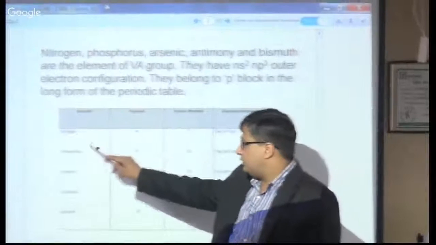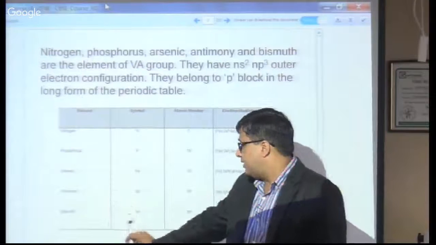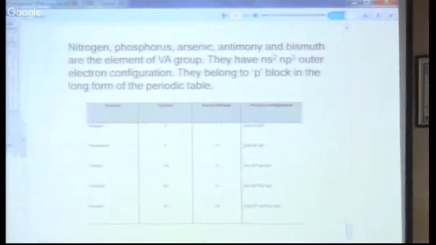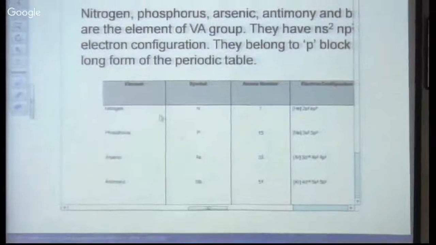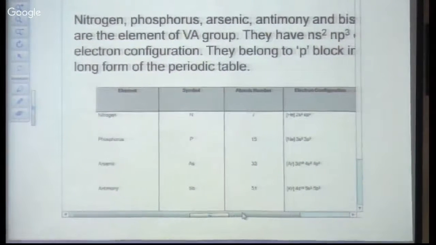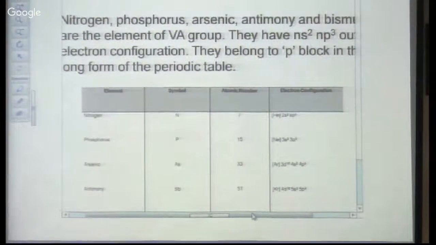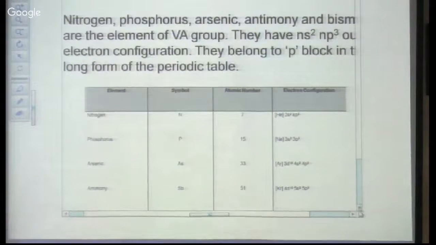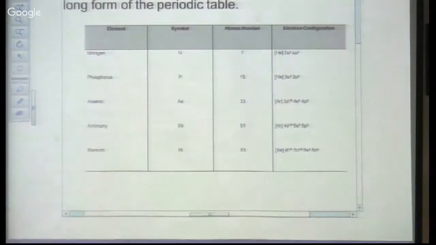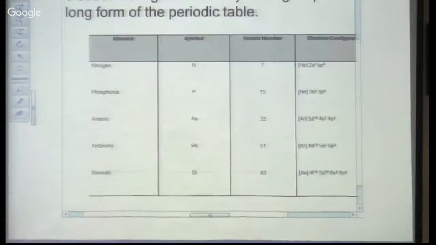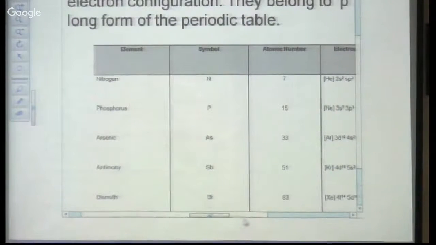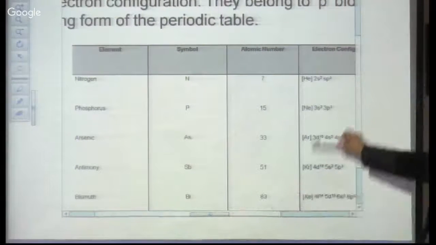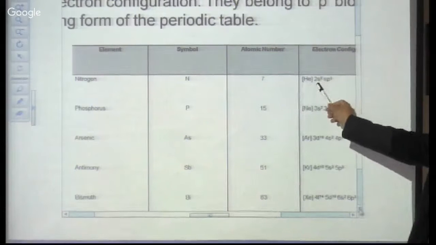If you see the valence configuration of all these elements, it is ns2 np3. So these elements can lose 3 electrons or can lose 5 electrons. So if you see nitrogen, phosphorus, arsenic, antimony, all these elements can lose 3 electrons or 5 electrons.